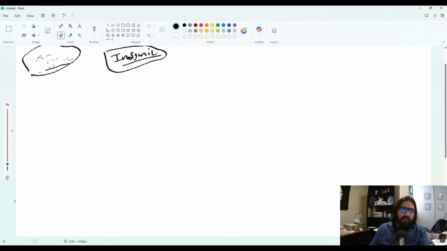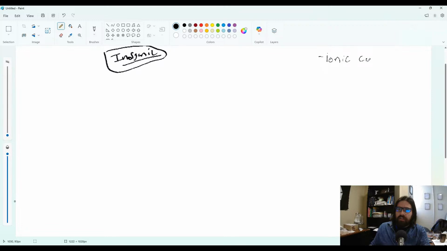Ooh, I have to make that bigger. Here we go. Now, inorganic molecules come in three broad flavors that we need to talk about. The first of which is ionic compounds.